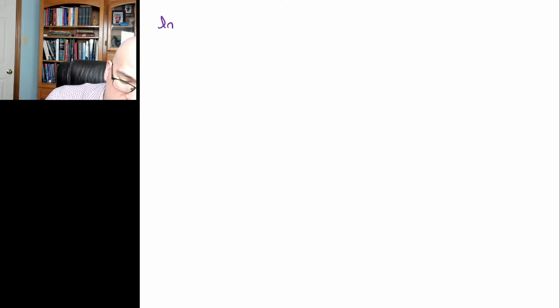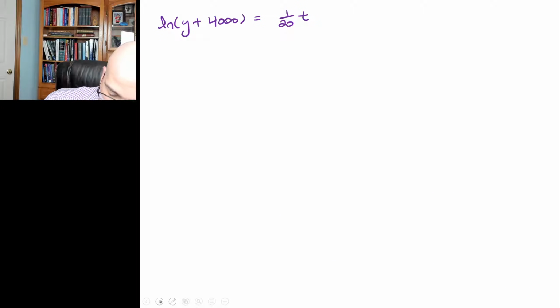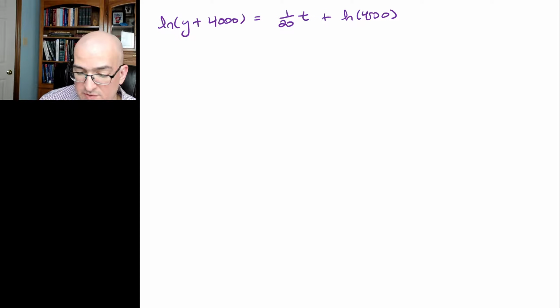So ln y plus 4,000 is equal to 1 over 20 times t, plus the ln of 4,500.